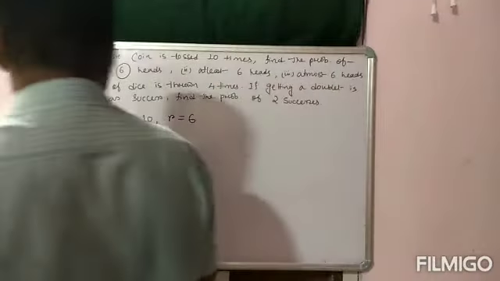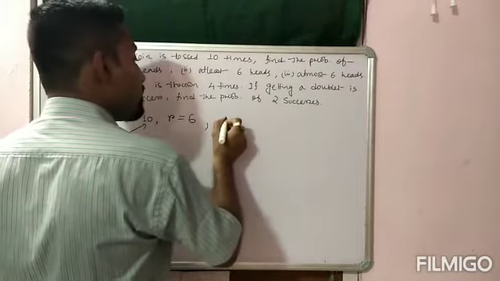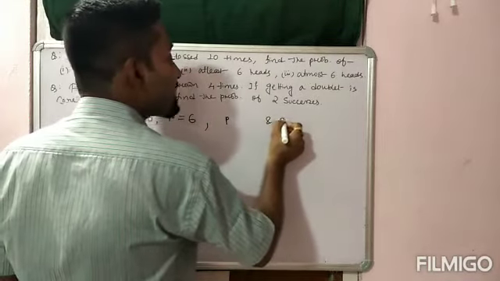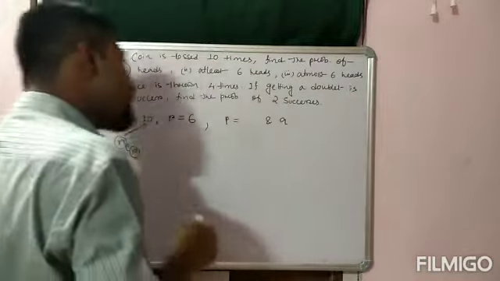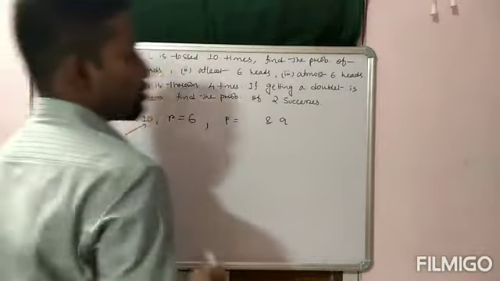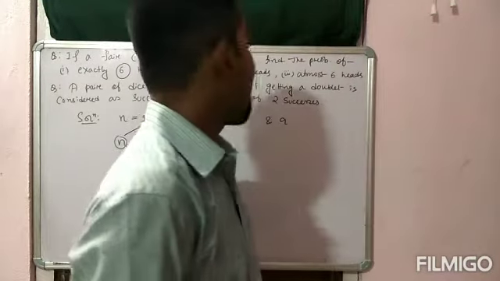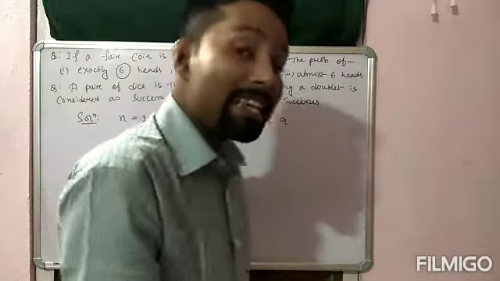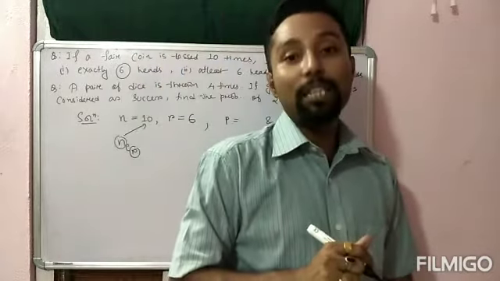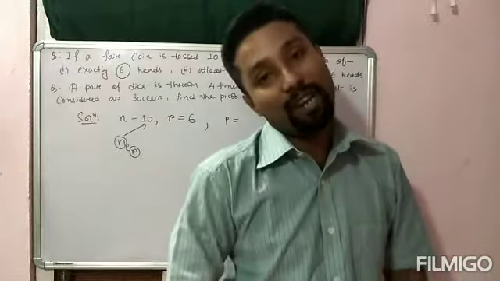Okay, so apart from n and r, you have to find the values of p as well as q. p represents the probability of success. Since here the coin is tossed 10 times, it is not possible to write the sample space of 10 tosses. So for one toss, the probability of getting head is 1/2. Always write the value for a single toss only.